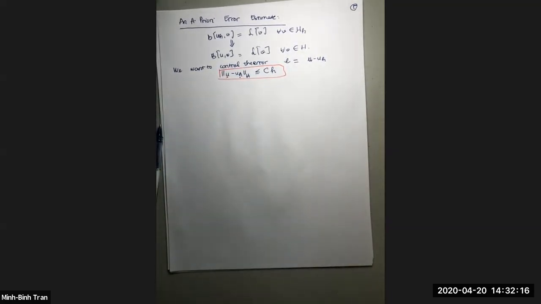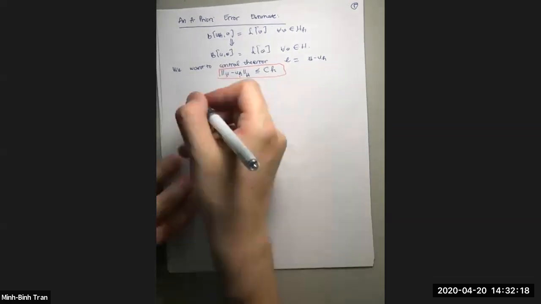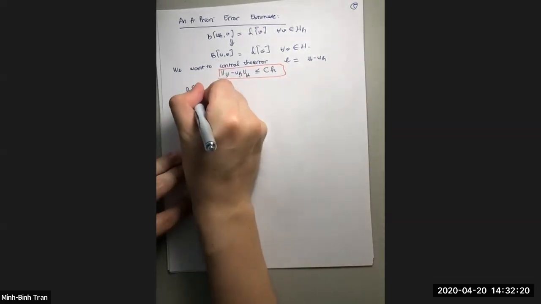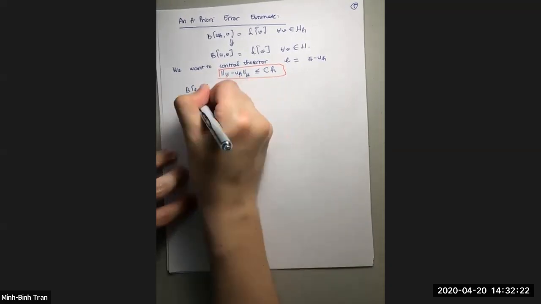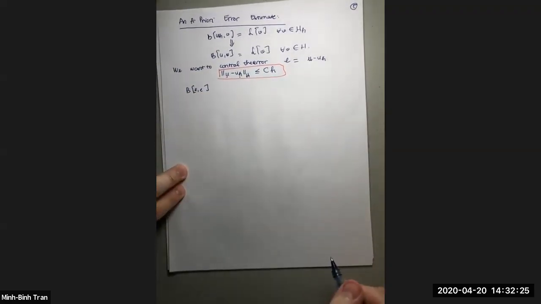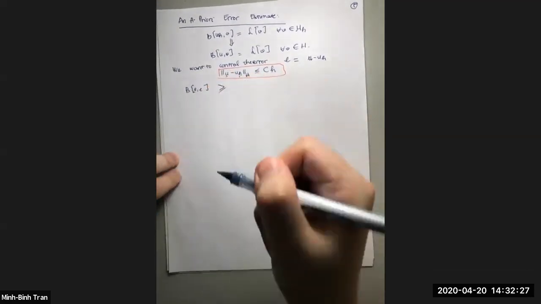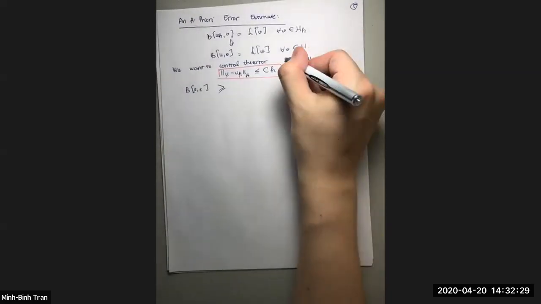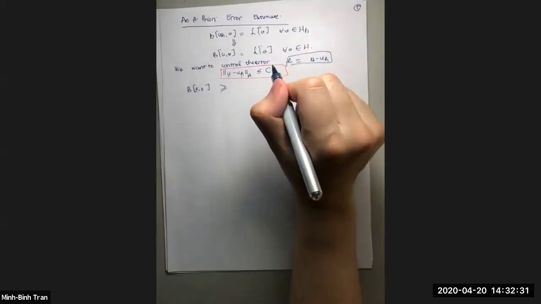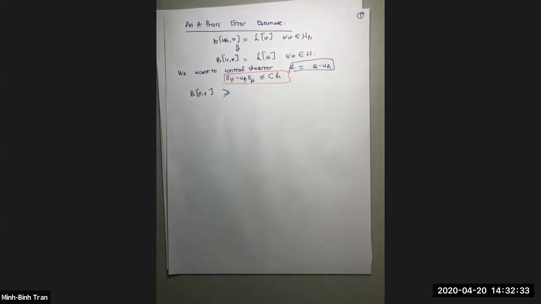So first, let us consider this BE, right? So what is the lower bound for BE? So E will be this error, UH minus U, right? So the first thing that I want to know is what is the lower bound of BE?